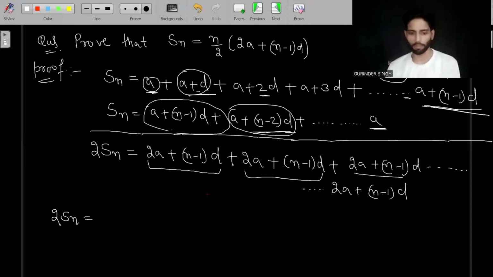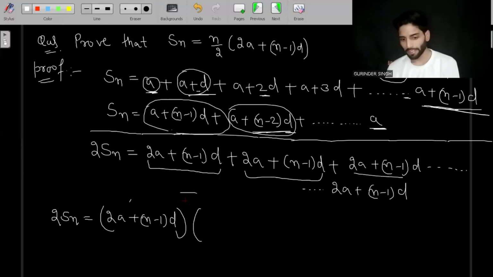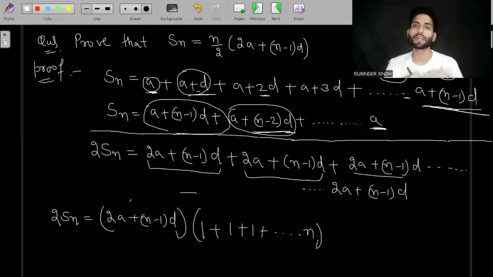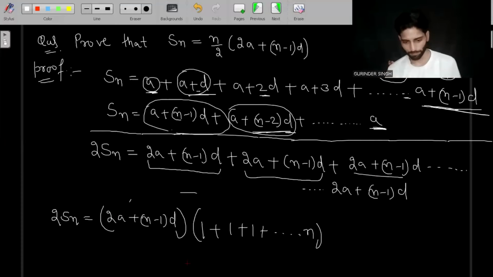If you take it common, in the bracket it will be 1 plus 1 plus 1 plus, and so on. How many times have we done it? n times, right? Because the last term is the nth term, and here also the last term is the nth term. I'm adding n times, so these are n terms, right?